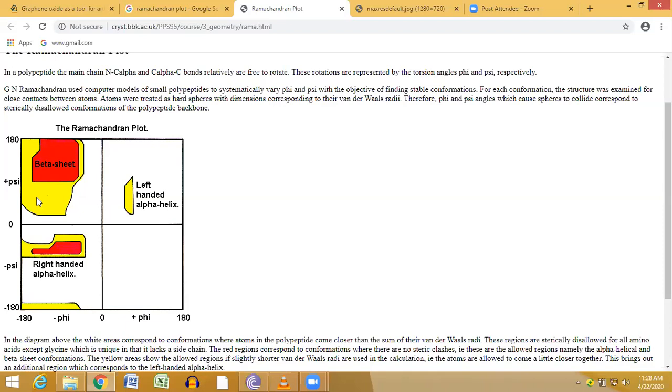So how much can it vary? The yellow zone gives you the notion of how much it can vary. It is the most probable one, but it can vary up to this yellow zone. That means there is a permission. Like in our assay, the best result is that we get 100% purity.